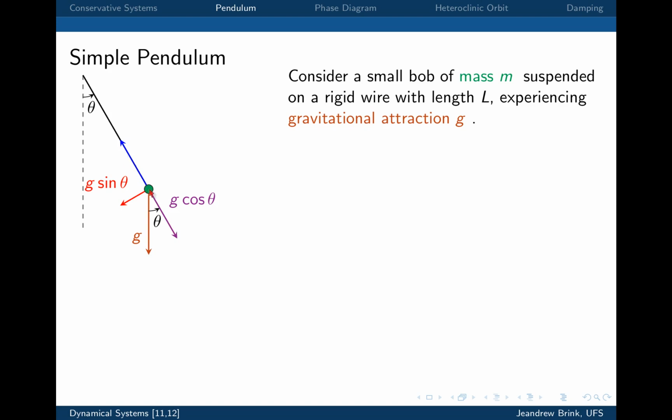The second one is a residual force over here that's just g sine theta that then basically causes an acceleration because there's nothing restraining it.